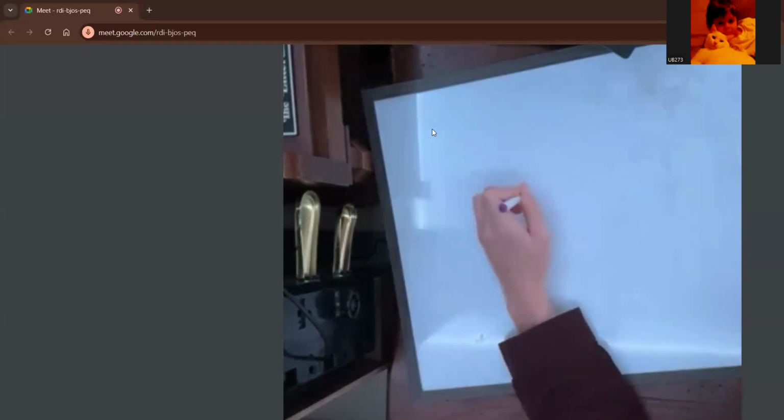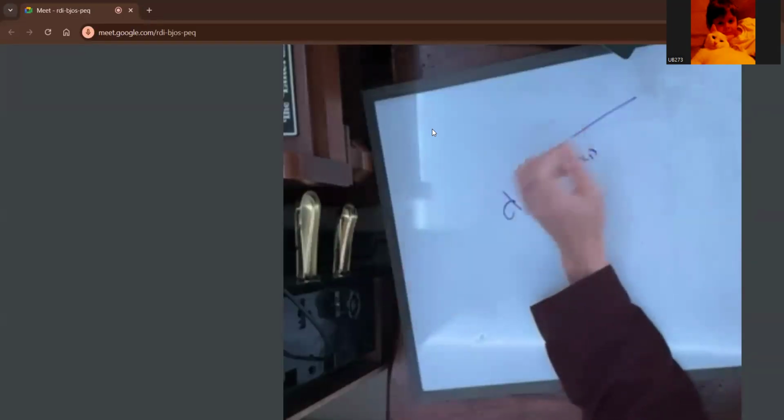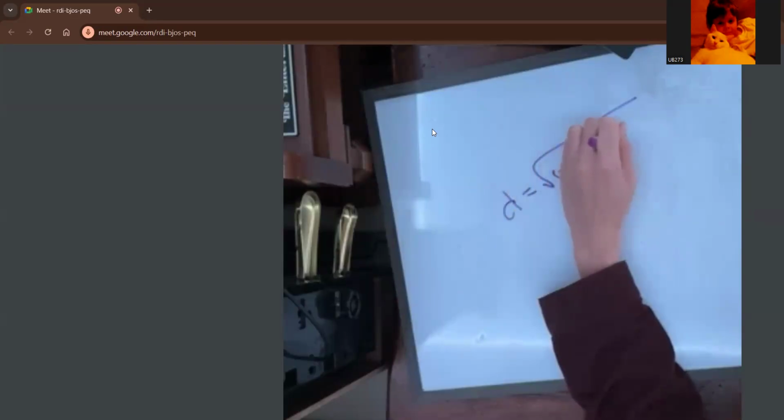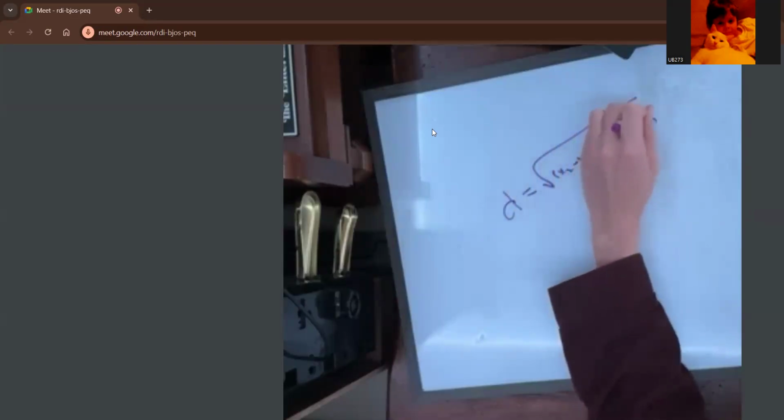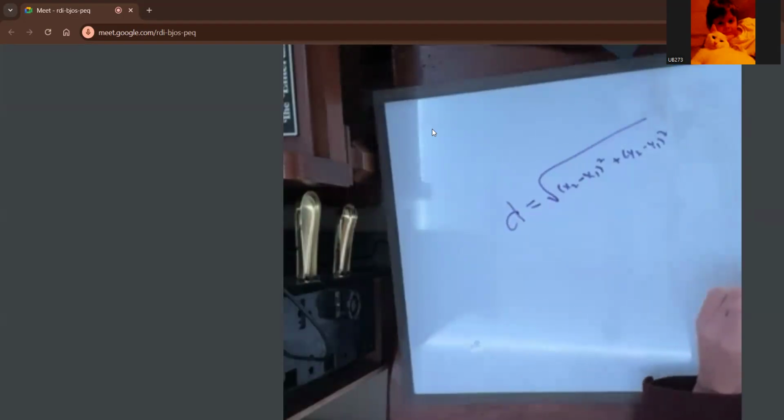Then a good formula to know is the distance formula. This could definitely be used in a related rates problem. Remember, distance is the square root of (x2 minus x1) squared plus (y2 minus y1) squared. Just like that. Very good formula to know.